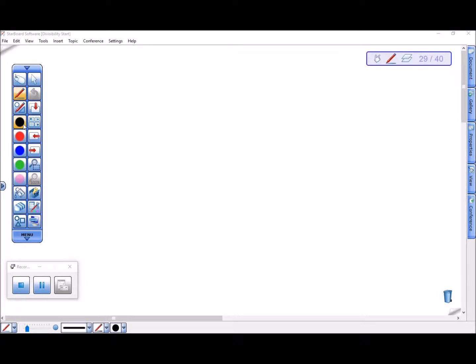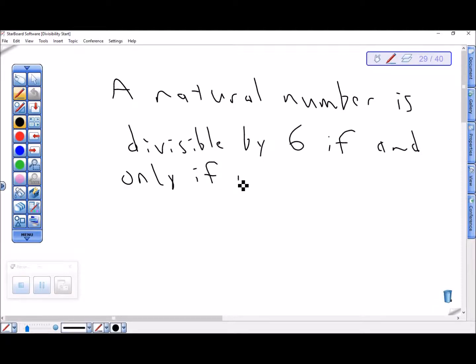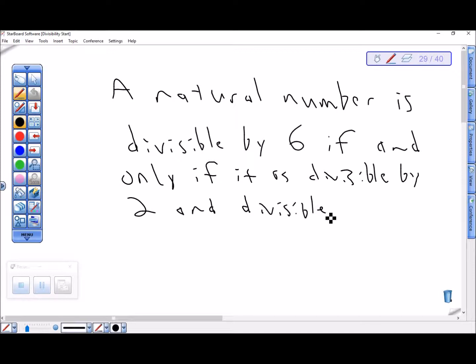For example, since 6 is 2 times 3, a natural number is divisible by 6 if and only if it is divisible by 2 and divisible by 3.